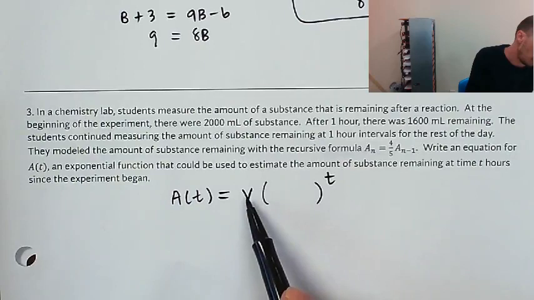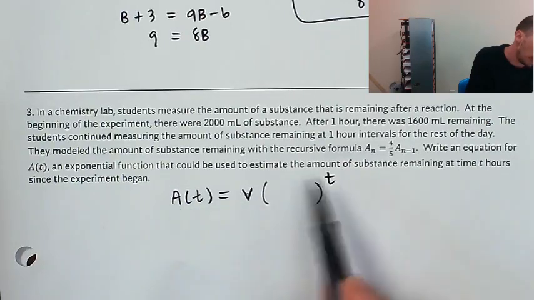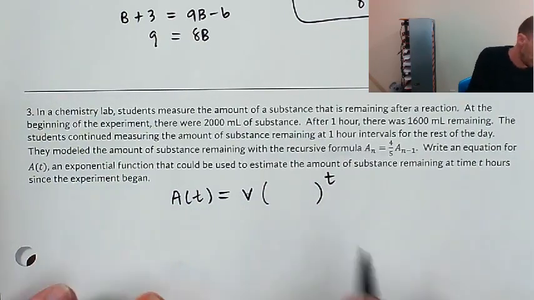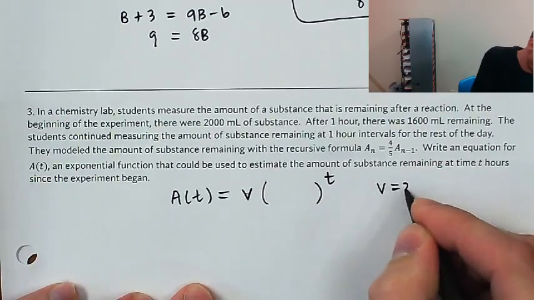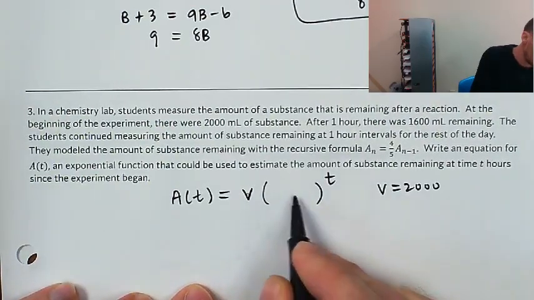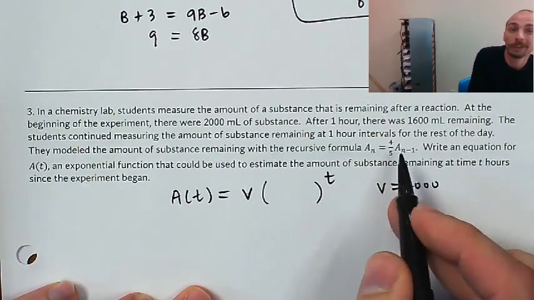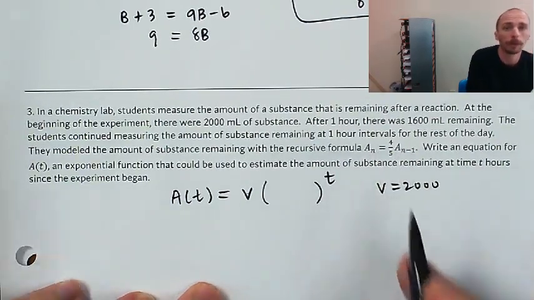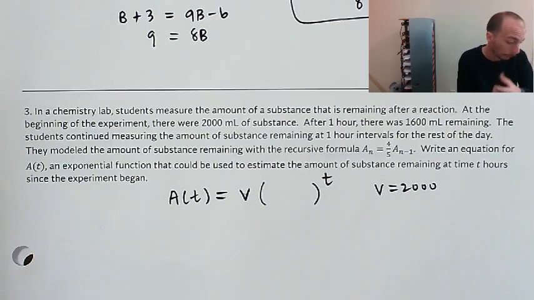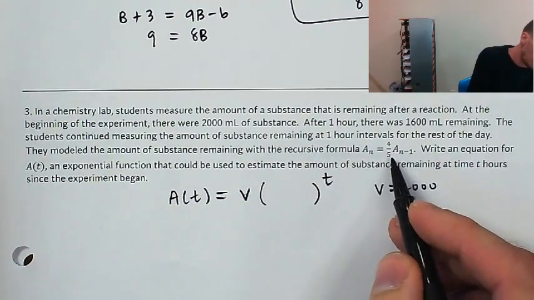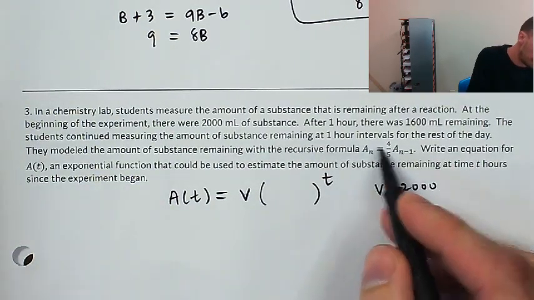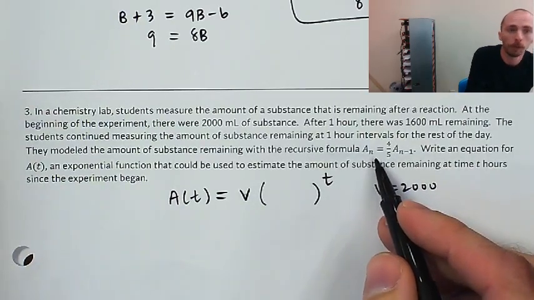Okay, and we want v to be the value of a when t is equal to 0. Okay. So v is going to equal that 2,000, our starting amount. And then the amount that we're multiplying by each time, if we get a recursive formula, they're telling us the amount to multiply by each time. We don't need to worry about 1 plus a percentage or 1 minus a percentage. I'm going to say, okay, 4/5 of the last one gives me the next one. That's the recursive rule.